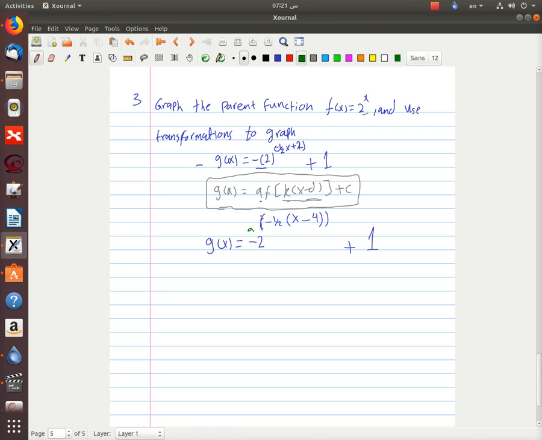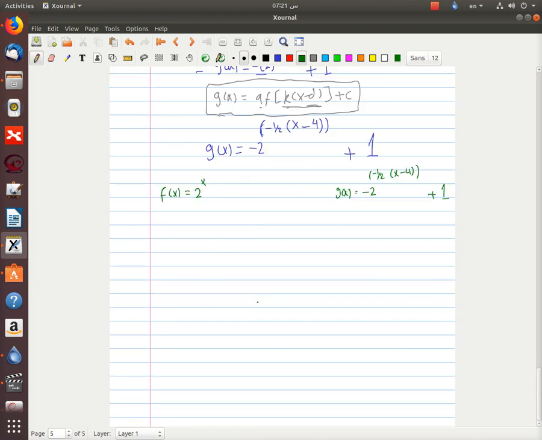But now I'm going to make a table of values just to draw them. I'm going to make a table of values for the base function, and a table of values for the transformed function, x minus 4 plus 1. So I have 2 of those.